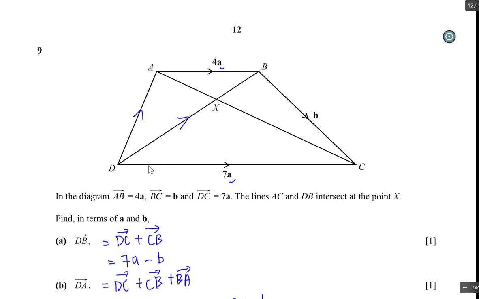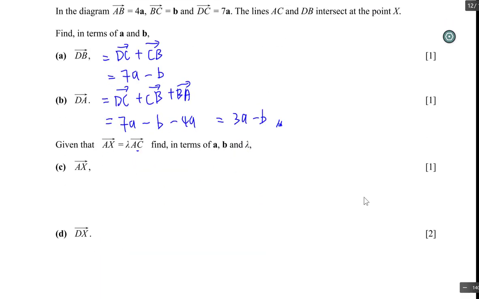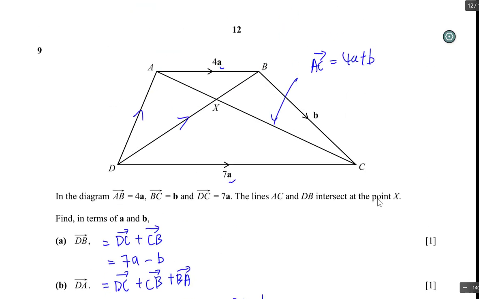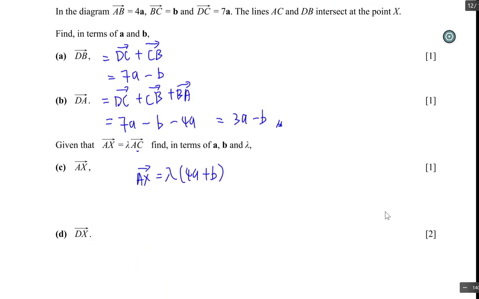A to C is just 4A plus B. So therefore, AX equals lambda times 4A plus B. Now my answer is in terms of lambda, A and B.